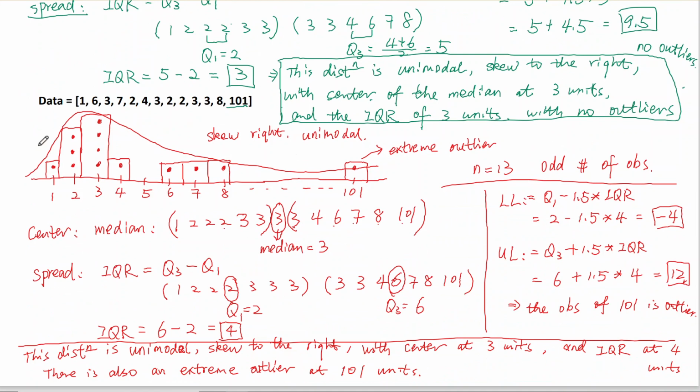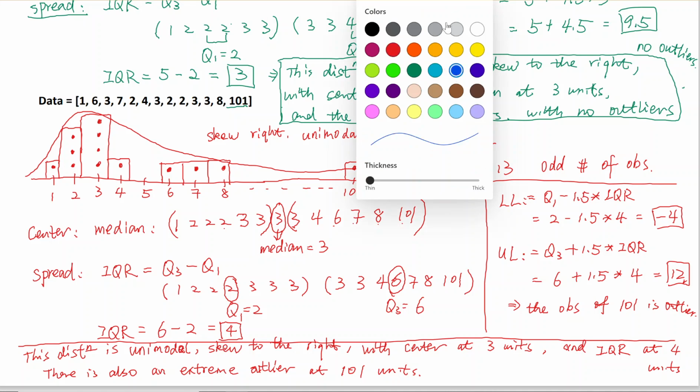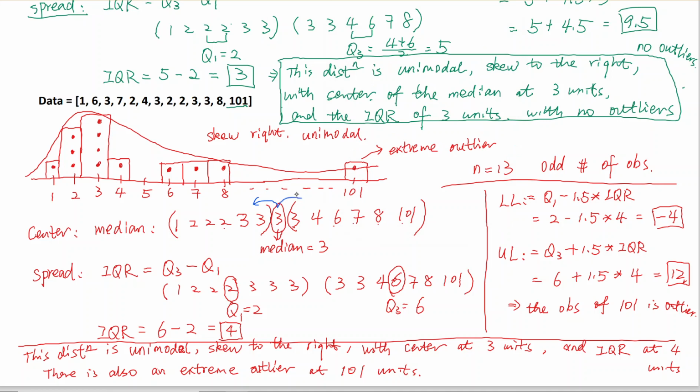If it is a skewed distribution but you have an odd number of observations, then you need to include the middle value into both halves to form 2 equal parts. Then you will have Q1 and Q3 as the medians of both halves.